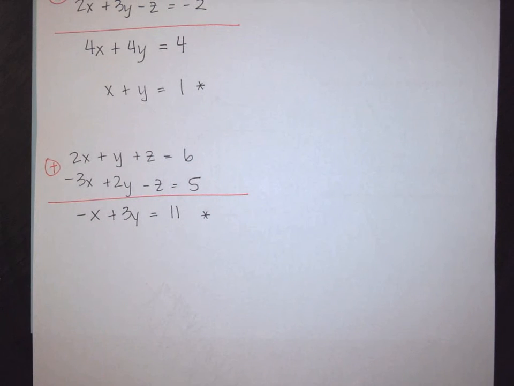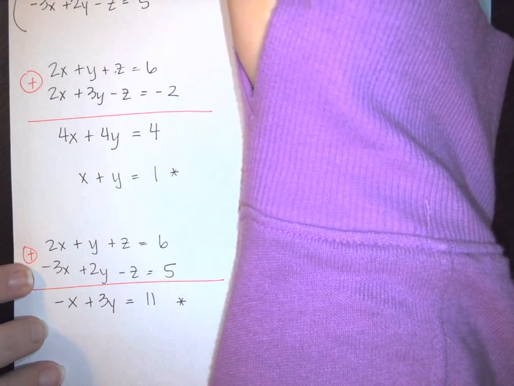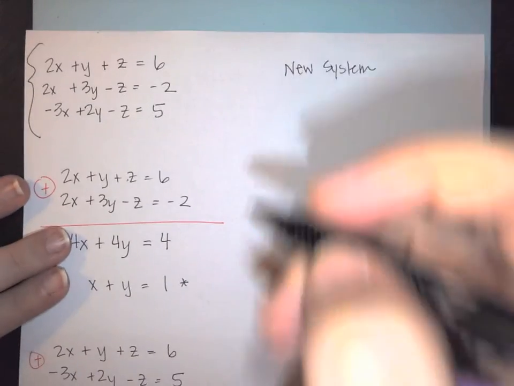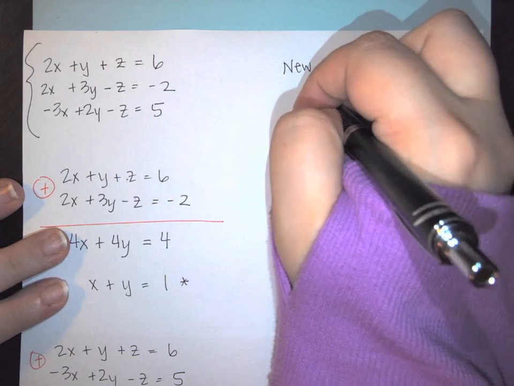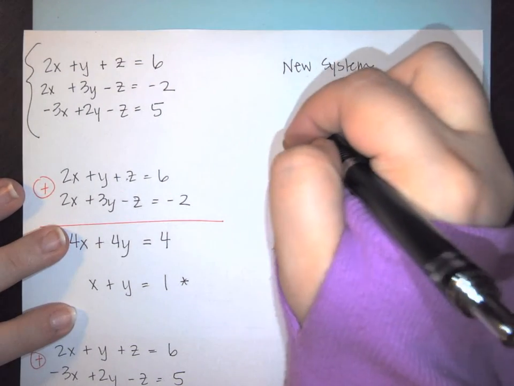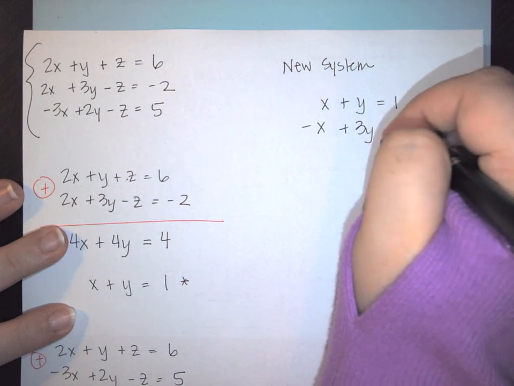So here what this says is that we now have the new system. And that new system is going to be made up of x plus y equals 1, negative x plus 3y equals 11. Here's my new system.